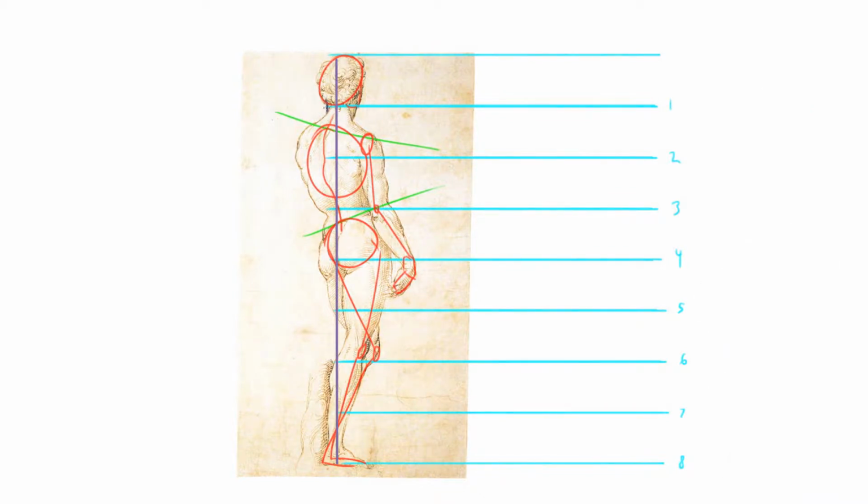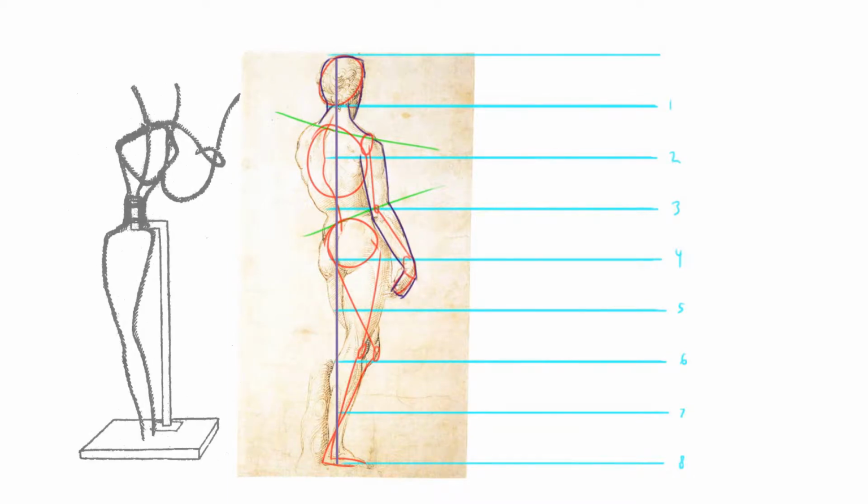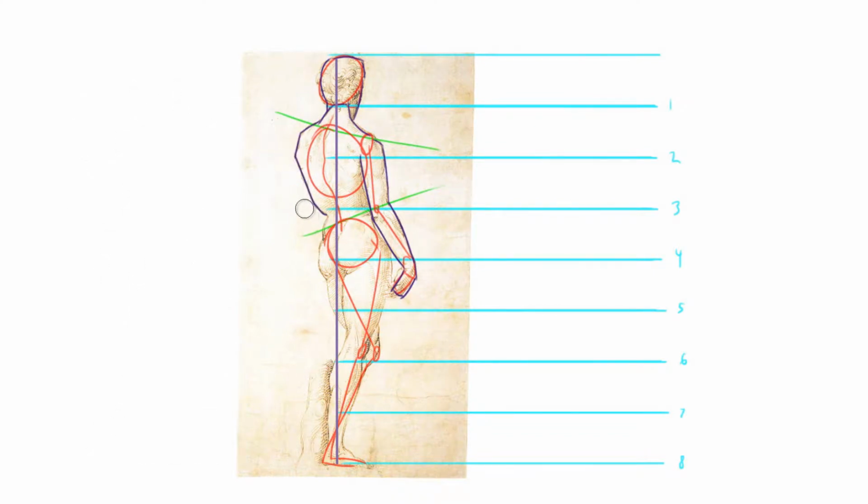Well, once we have made the basic skeleton, what you should do to continue developing your drawing is to add more mass. Imagine that you are a sculptor and that this is your wire skeleton. Then, the next step you should do as a sculptor is to start adding blocks of clay to fill it.